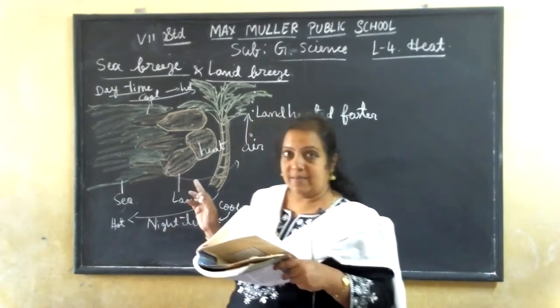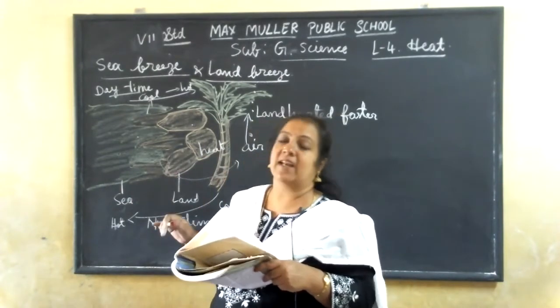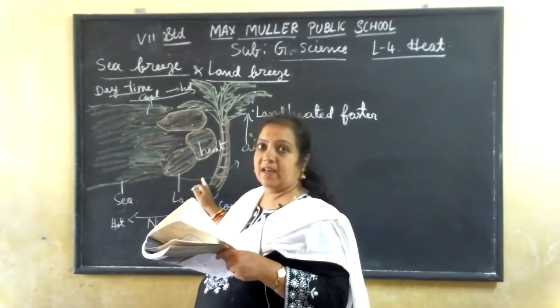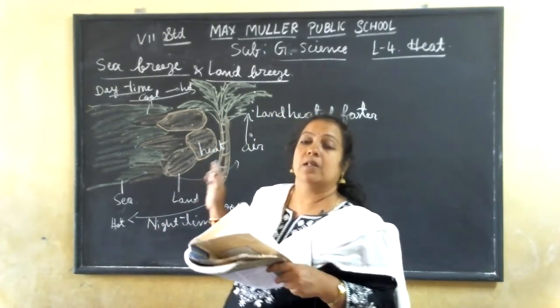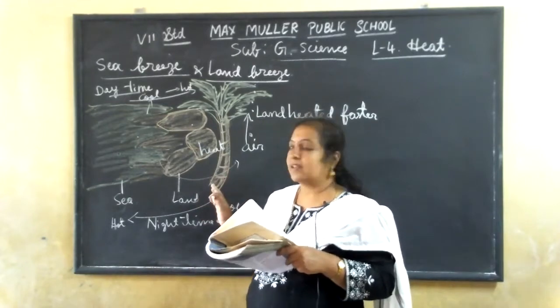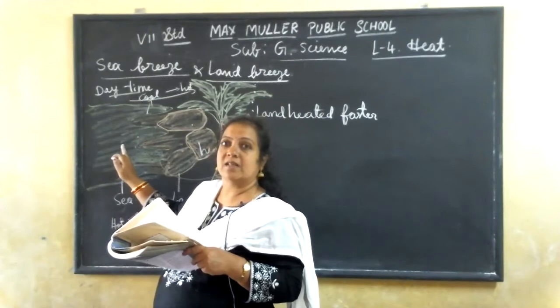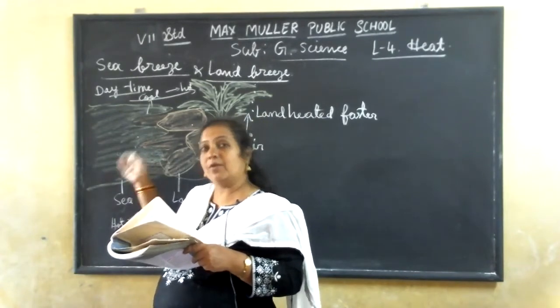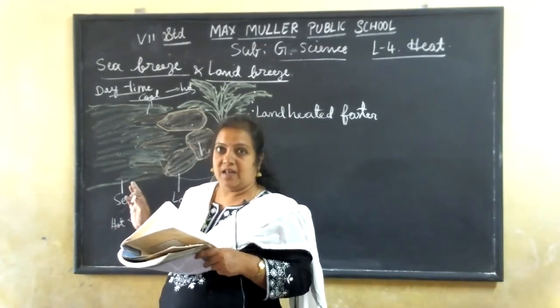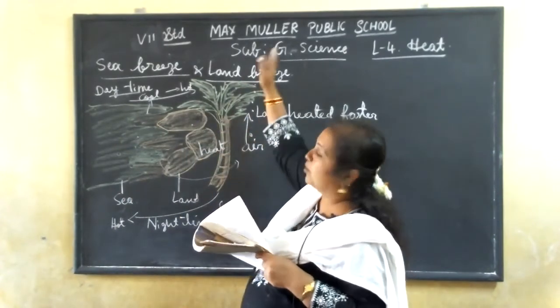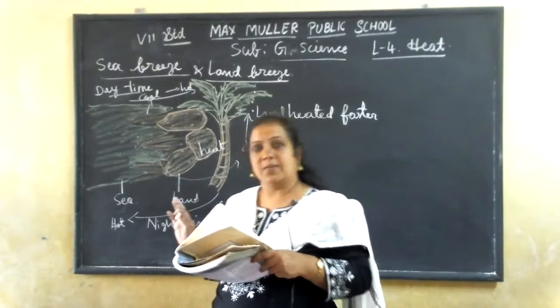So in the daytime, due to the heat of the sun, what happens? The land area air molecules are heated much faster compared to the air molecules which are present above the sea. As they get heated up faster, they start to move upwards and join the atmosphere.